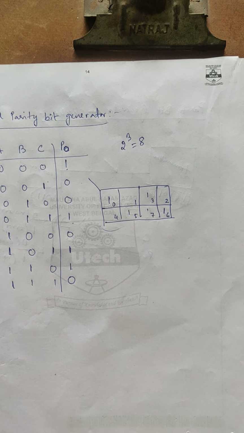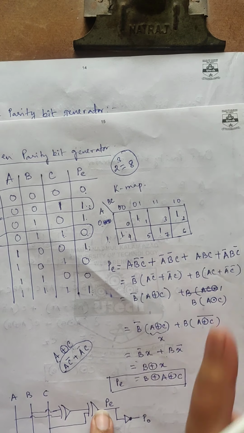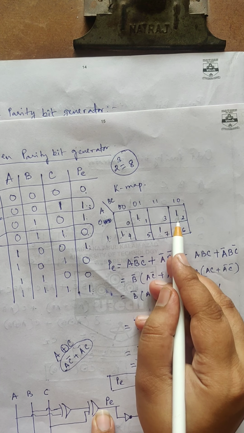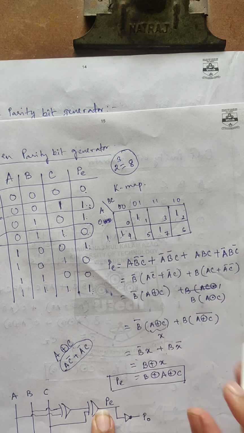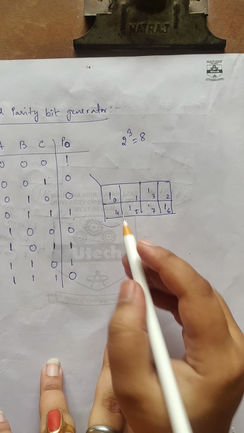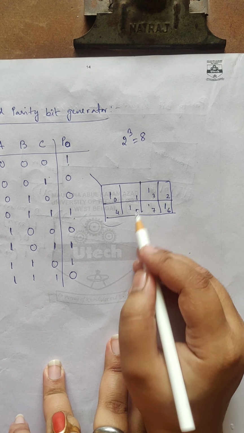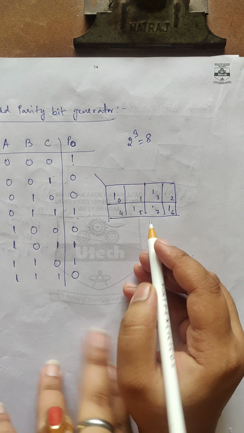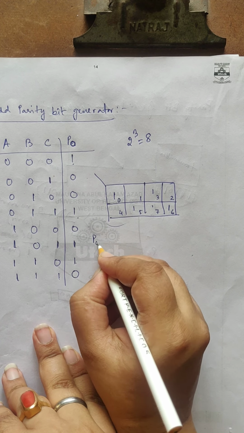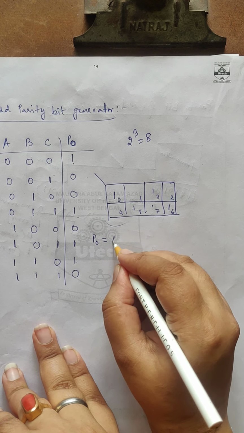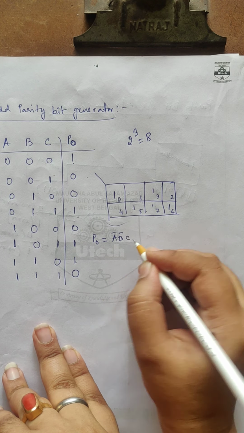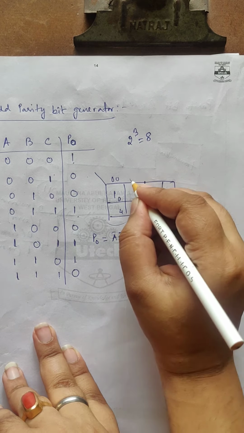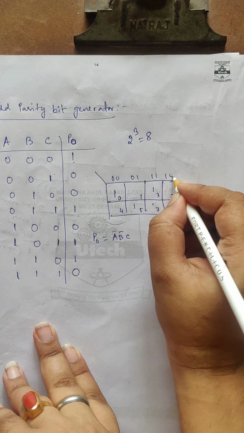So what do we see? The ones we had in even parity were 1, 2, 4 and 7, and the ones we are getting here are 0, 3, 5 and 6, which means just the opposite of even. Now to find the expression, let me write it down to make you understand better.